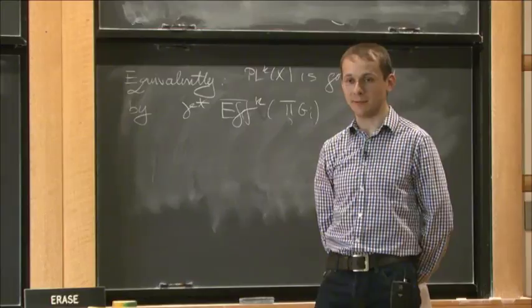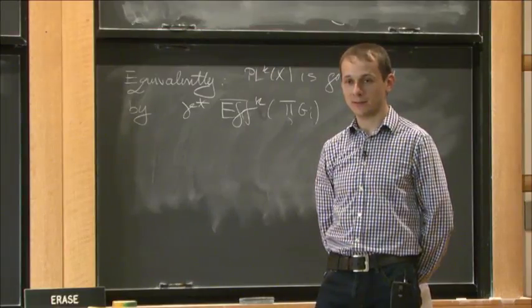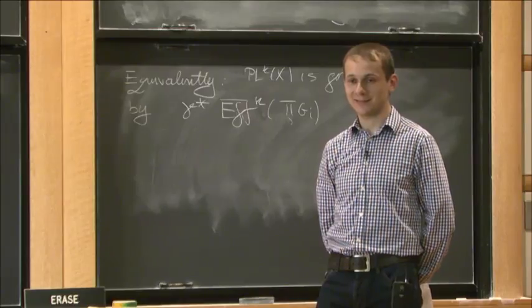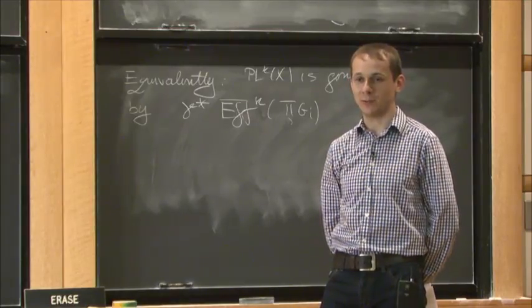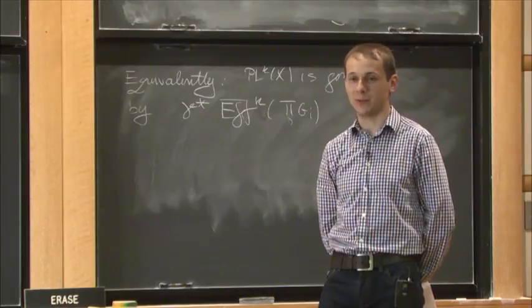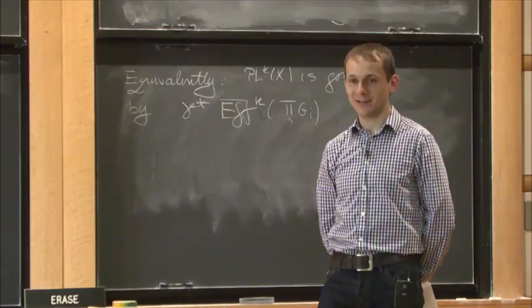Movable does not imply nef, I think. It depends what you mean by movable. Do you want them to move to cover, or do you want them to move to be in general position with respect to any subvariety? Can you show that?